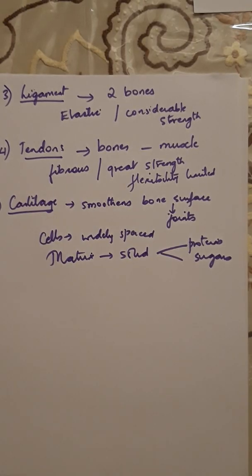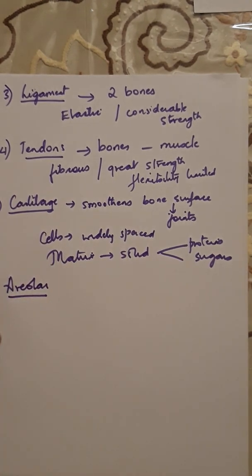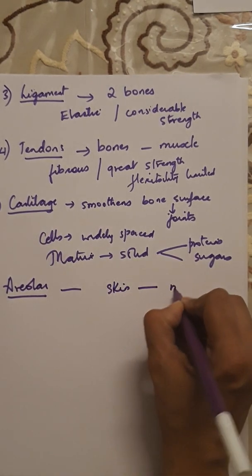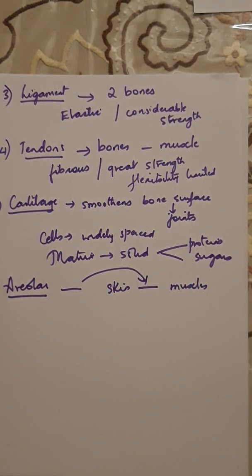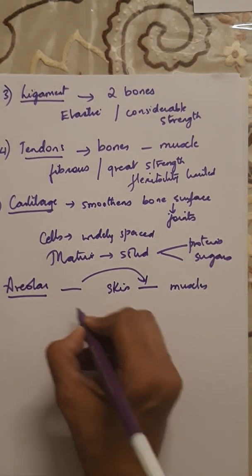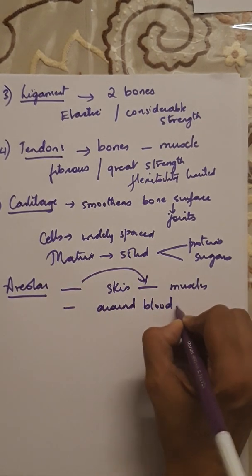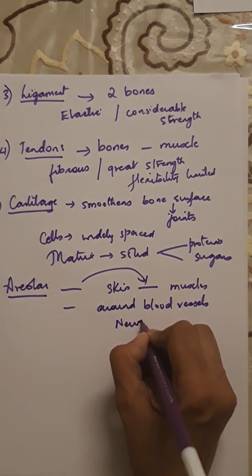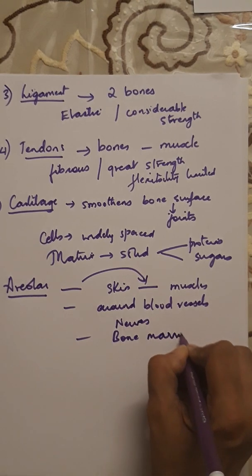Then we come to the next one, and that is the areolar tissue. The areolar tissue is basically found between the skin and the muscles. It is present around the blood vessels and the nerves, and it is also present in the bone marrow.